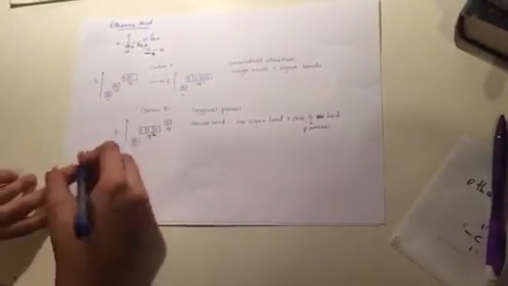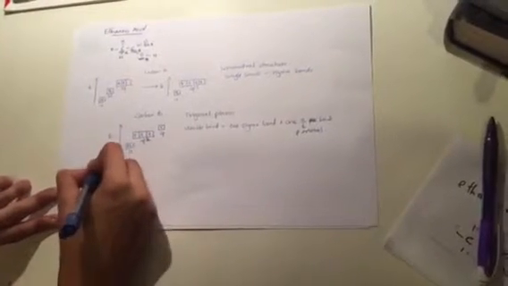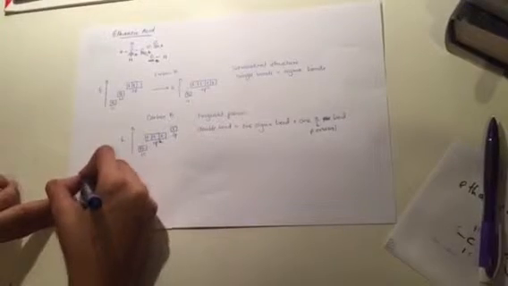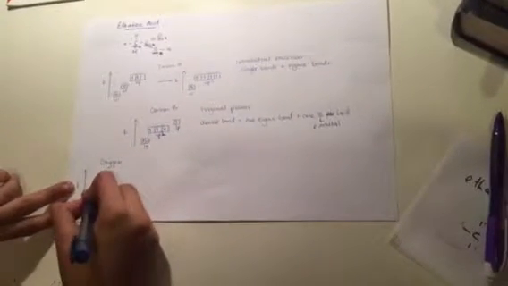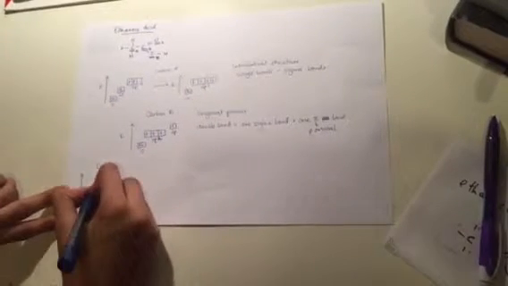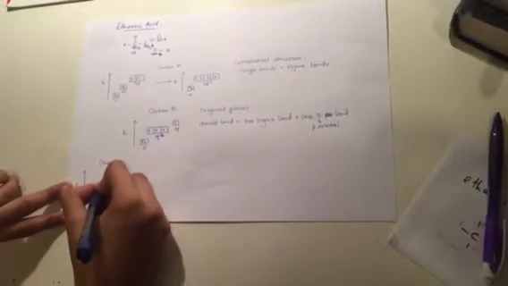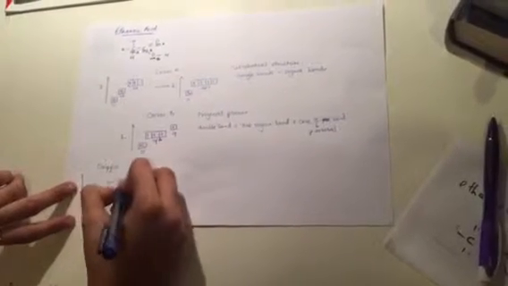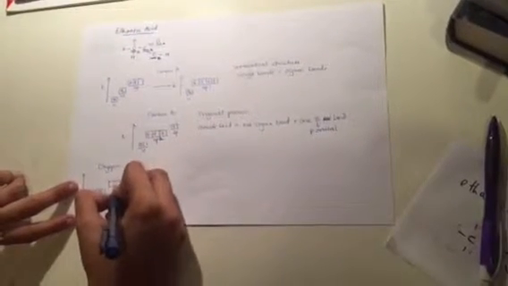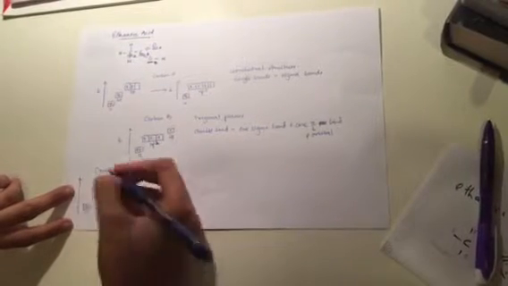Next, coming to oxygen, the electronic configuration is 1s2, 2s2 and 2p4.